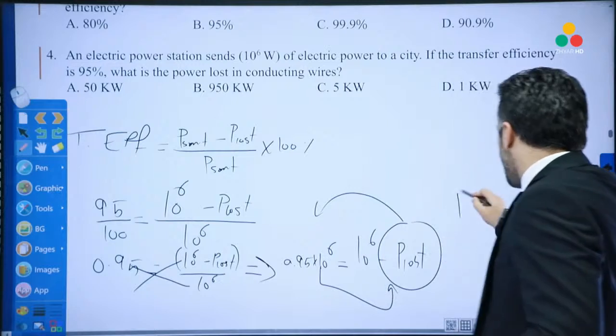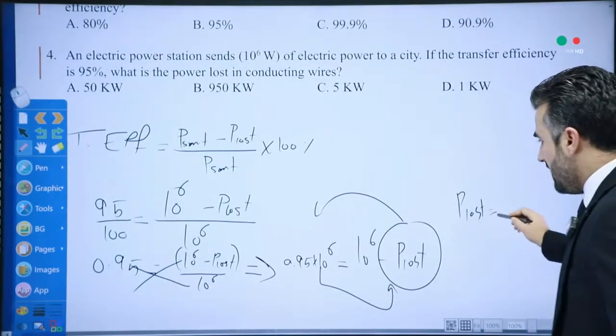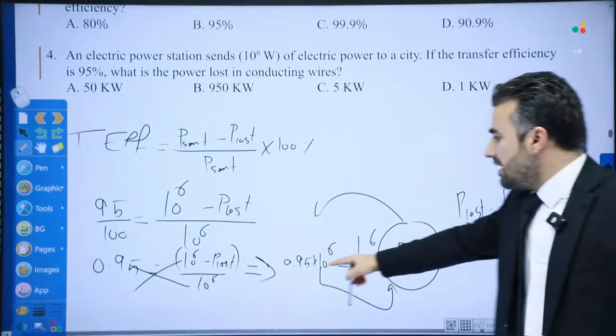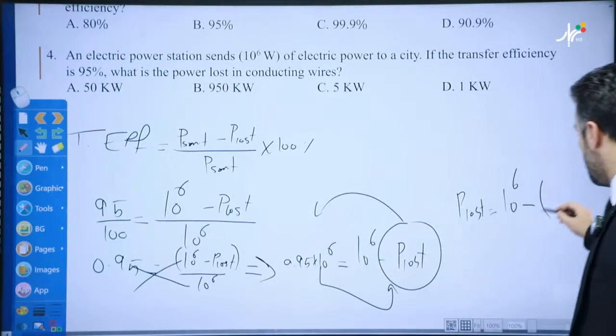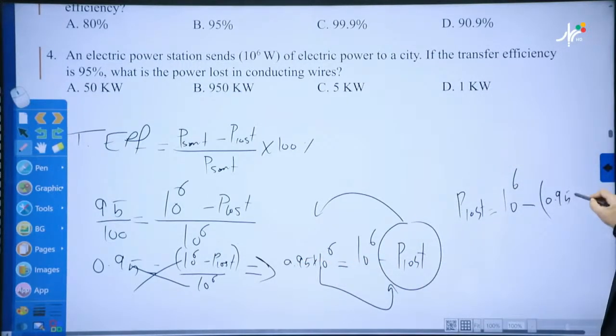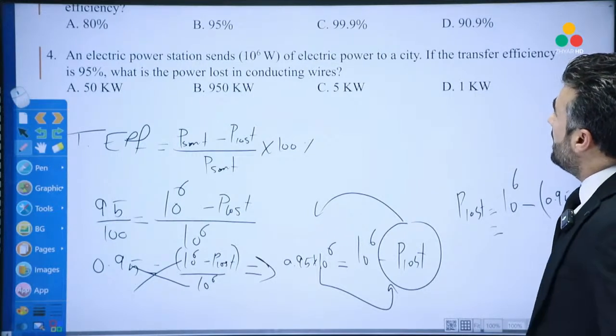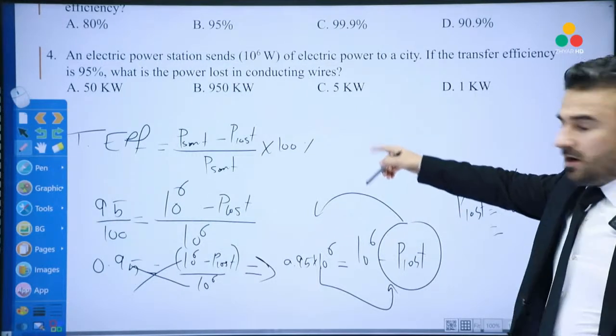So power lost is equal to 10 to the power 6 minus the product of these two, which is 0.95 times 10 to the power 6. You just write it down and do the math, subtract them, and of course you will get the answer. I believe it was about 5 kilowatts, if I'm not mistaken.